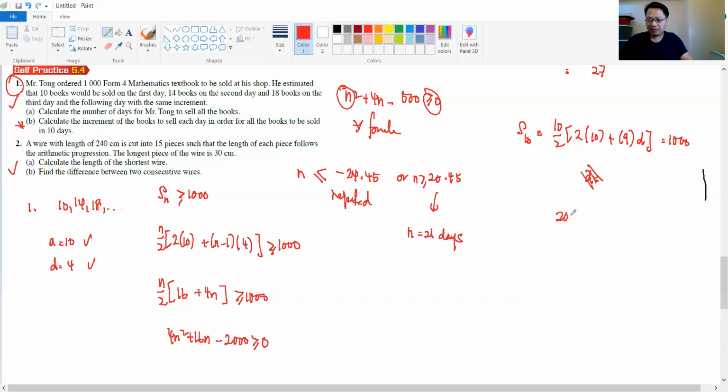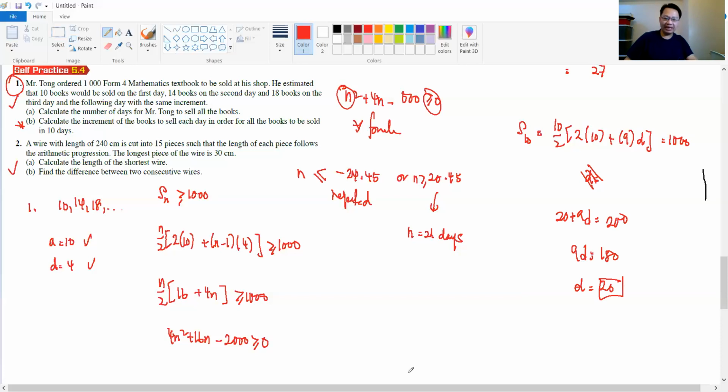So it will become 20 plus 9d equals 1,000 divided by 5. 5 move it here, it becomes divided. So 1,000 divided by 5 is 200. So 9d equals 180. d equals 20. So the increment every subsequent day should be increased by 20.